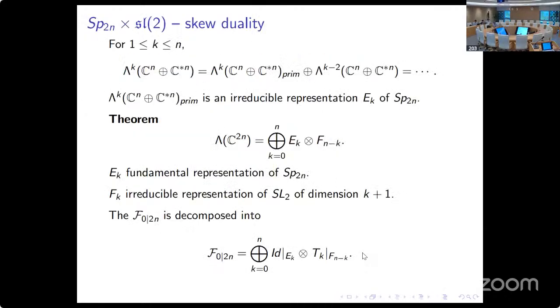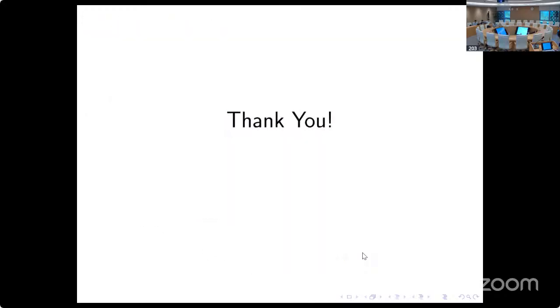In this case, I'm just describing the natural duality of U(n) actions. But if this is 2n, even, then there will be a symplectic space structure. Then you can decompose this in a natural way by the Sp(2n) and SL2 duality.